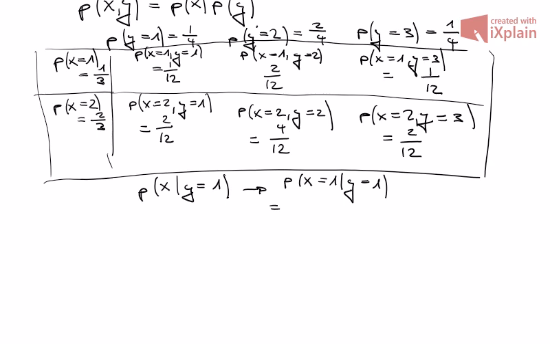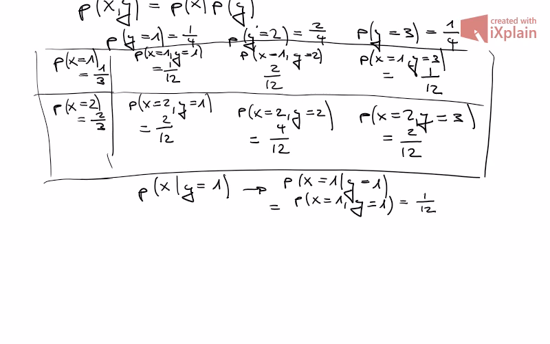So can you tell me how you computed that? I'm looking at the first row of x and first column of y. So you basically use x equals 1, y equals 1, which is 1 over 12. So that's 1 over 12.